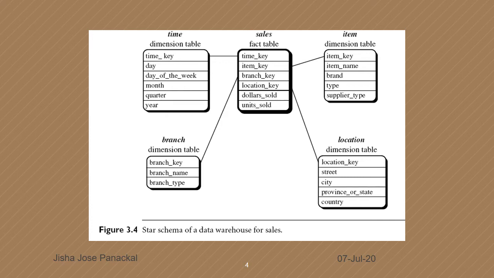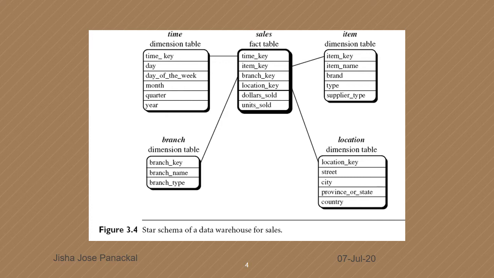And as we discussed earlier, here we have 4 dimension tables: time, item, branch and location. For each and every dimension we have a dimension table, and in each dimension table we have a key to the sales table and the other attributes that will describe the dimension.